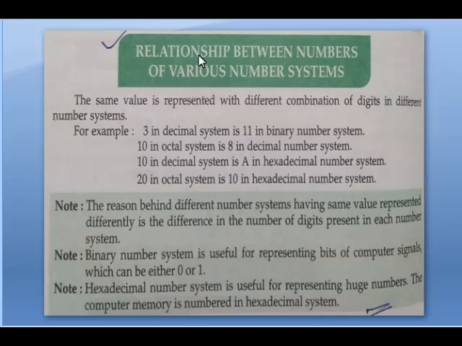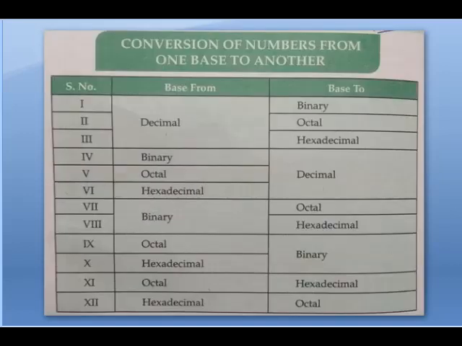Next is conversion of numbers from one base to another. So the first ones are decimal number to binary, decimal number to octal, decimal number to hexadecimal. Okay. So in the coming classes we will study converting numbers from one base to another. The next are binary to decimal, octal to decimal, and hexadecimal to decimal.